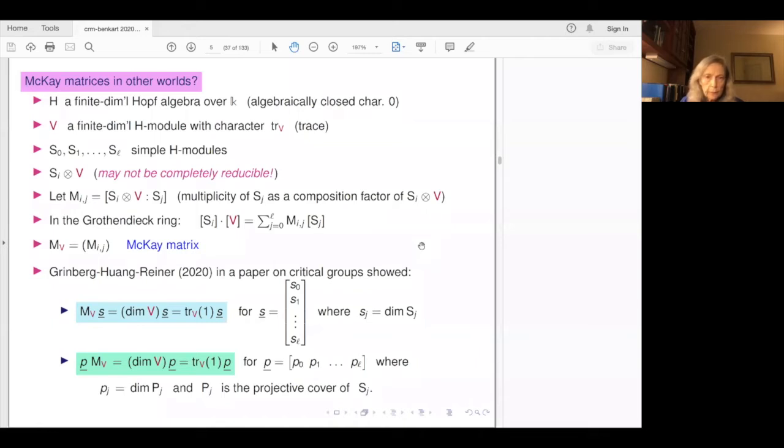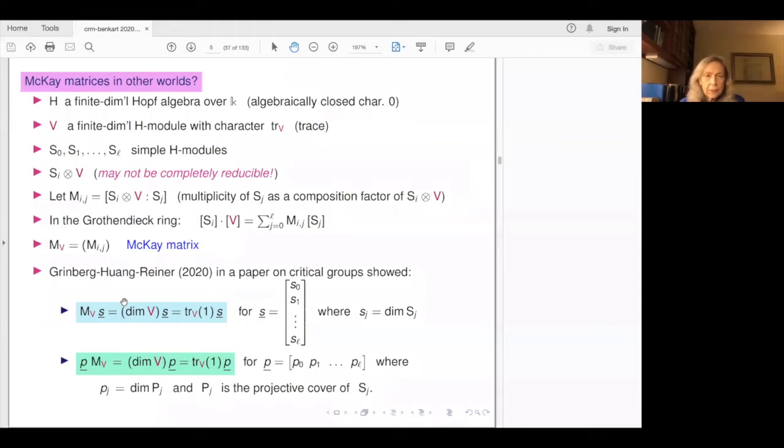Now, this paper of Grinberg, Huang, and Reiner grew out of a paper that I wrote with Carly Klivans and Vic Reiner. In that paper, we were looking at the McKay matrix and using it to define certain finite dynamical systems where we were doing chip firing.